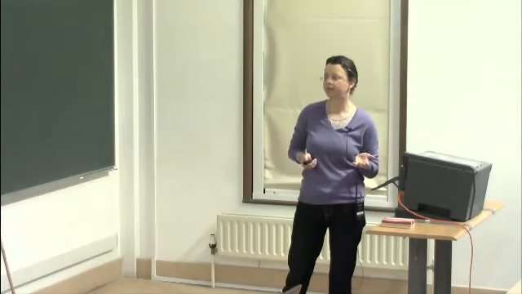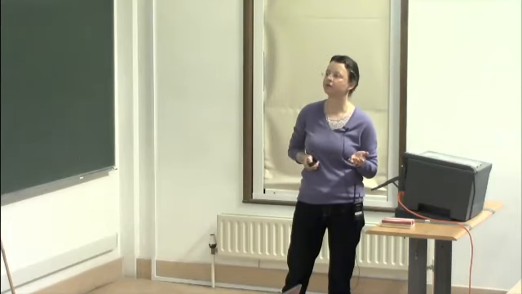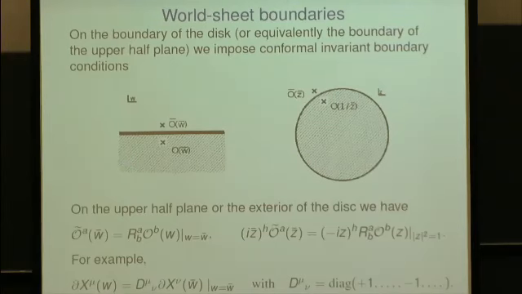So, for example, if we talk about dX, this is what we would impose on the upper half plane, and D is a matrix, which will appear again later in this talk, with entries like plus minus 1, depending on whether we have Neumann or Dirichlet boundary conditions. So depending on whether we are in a direction that is along the brane or transverse to the brane.